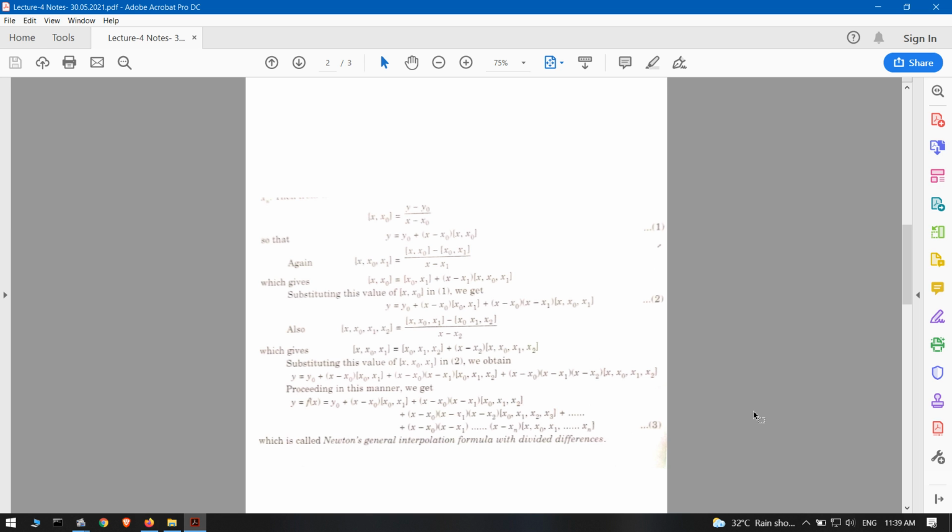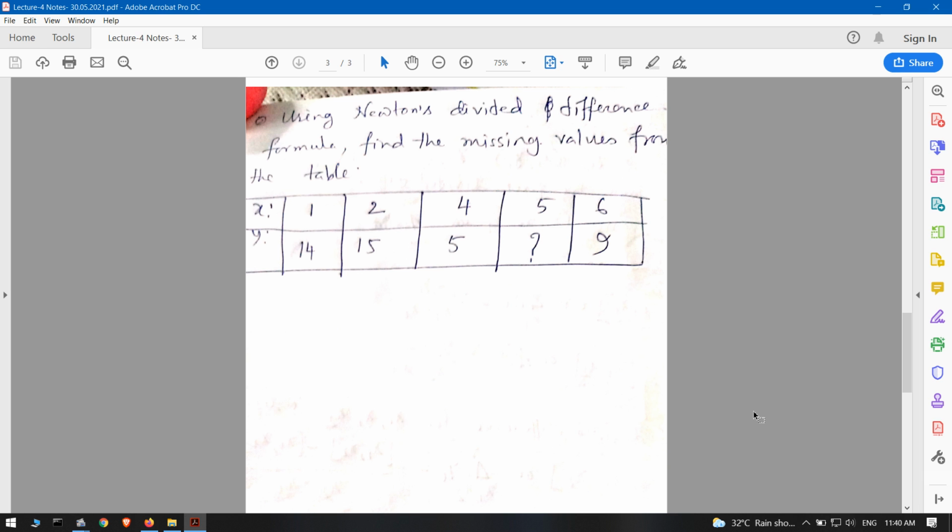Okay, so let us take one problem to solve that. I have already given one problem in the PDF. So let us try to solve. For this, again we have to first complete the divided difference table. So how to complete that table?